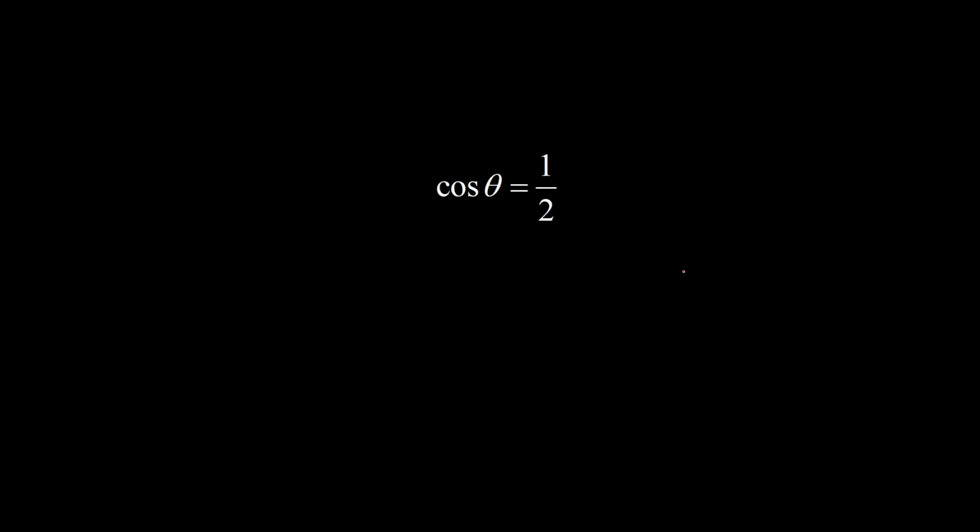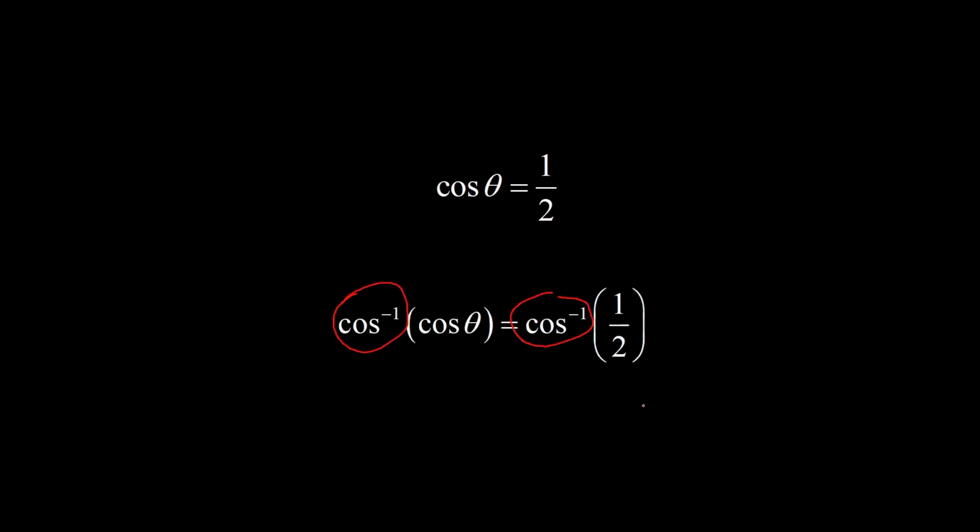How about cosine of theta equals a half? Well, to solve this mathematically, we would take the inverse cosine of both sides. Now, why do we do that? We do that because of what happens on the left. Because of the property of inverse functions, when you put the function into its inverse, you will always get the variable.